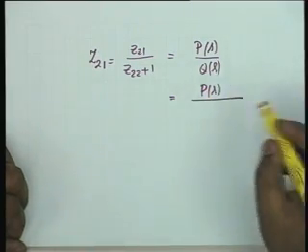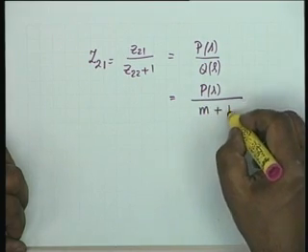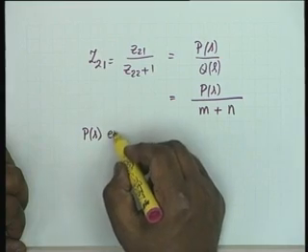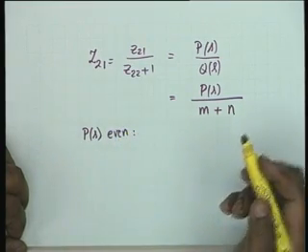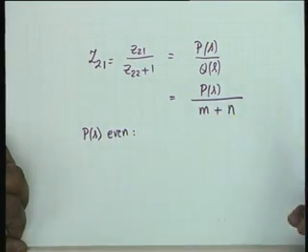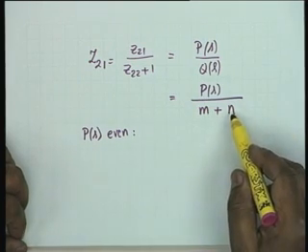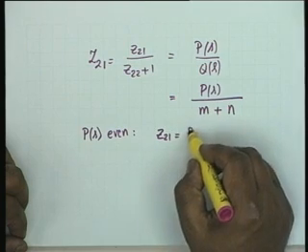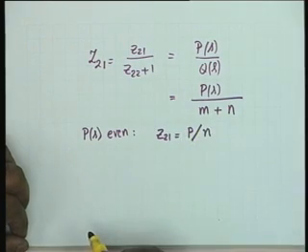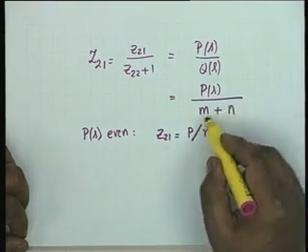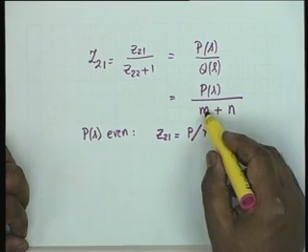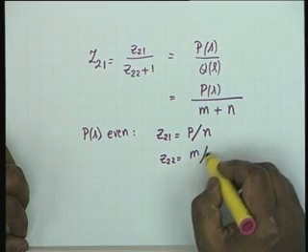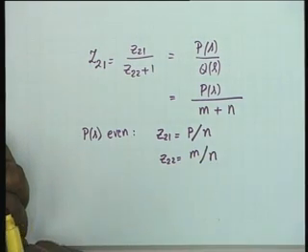We break up Q into its even part and odd part, and then we argue that if P of S is even, we divide both numerator and denominator by the odd part of the denominator. That is, we identify Z21 as P divided by N, and in the denominator we get 1 plus M by N, and therefore Z22 is identified as M by N.